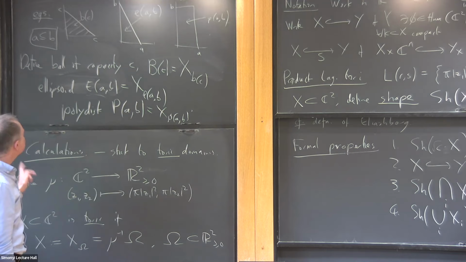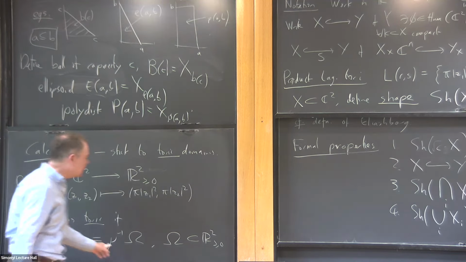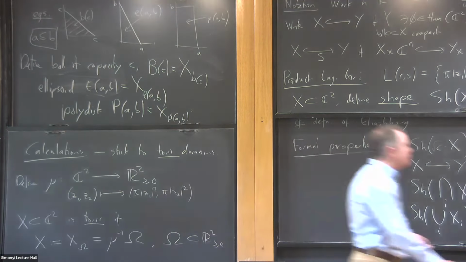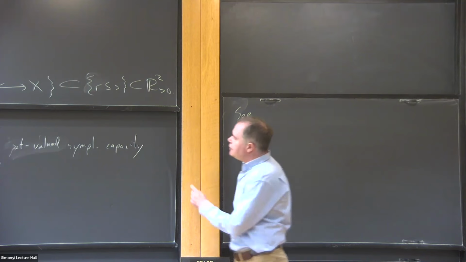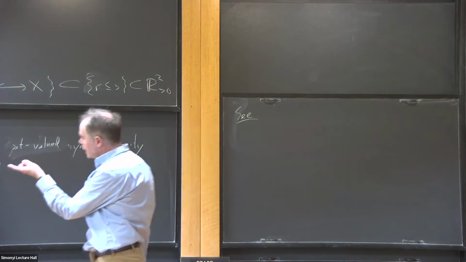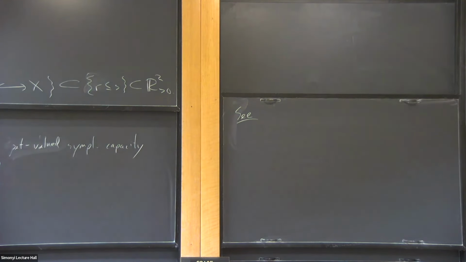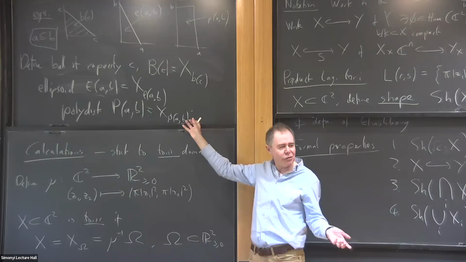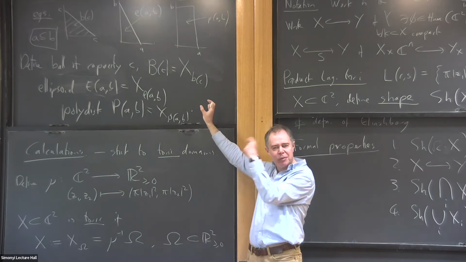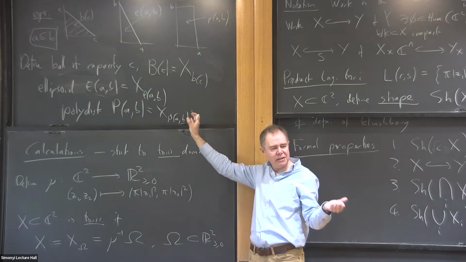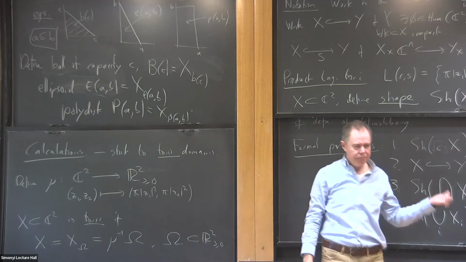So what is the shape of a toric domain? Well, what we see, if you take a point inside omega, then its pre-image is a product Lagrangian torus inside X omega. So every point inside the moment image corresponds to an element of the shape.